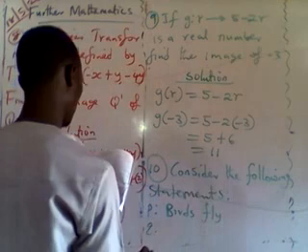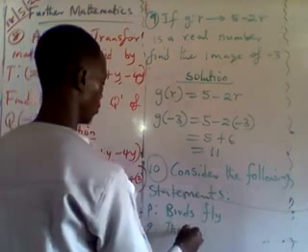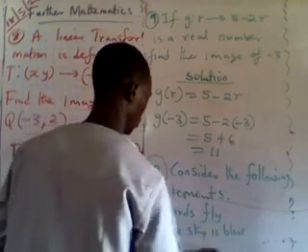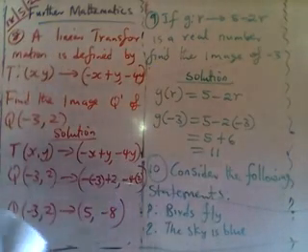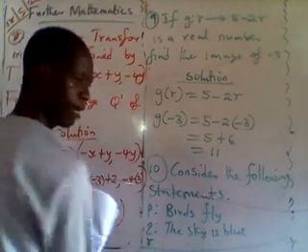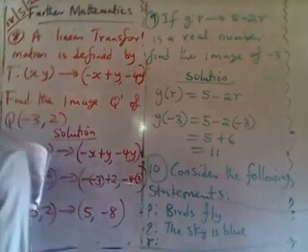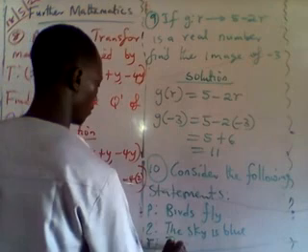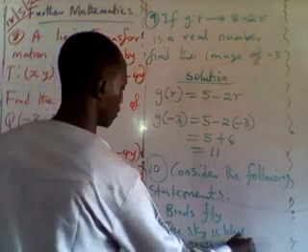Q is such that the sky is blue. And R is such that the grass is green.